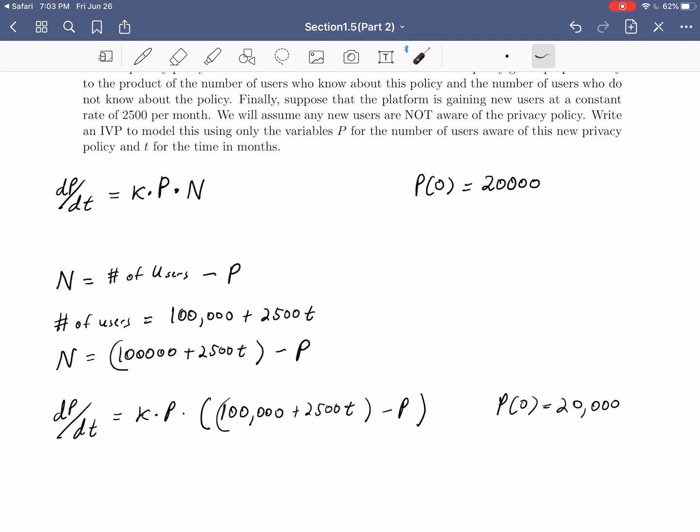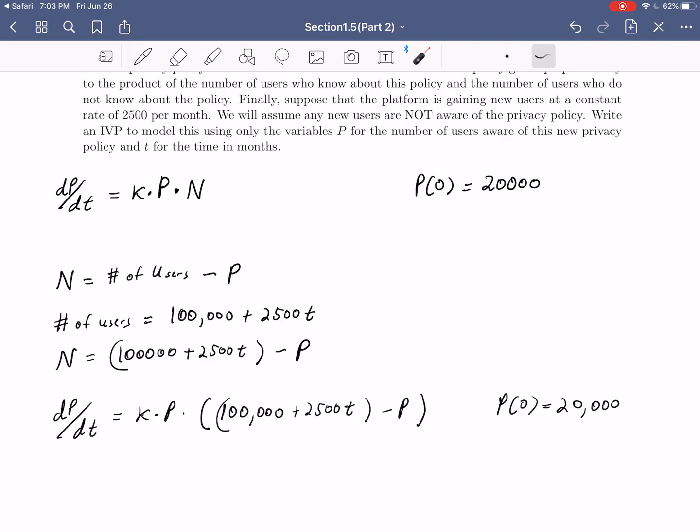If you want, you can try to analyze it. The only constant valued solution you would find is if P was originally equal to 0, because then this part would be 0. But you won't find any other equilibria of that constant form because the independent variable is in the expression here.